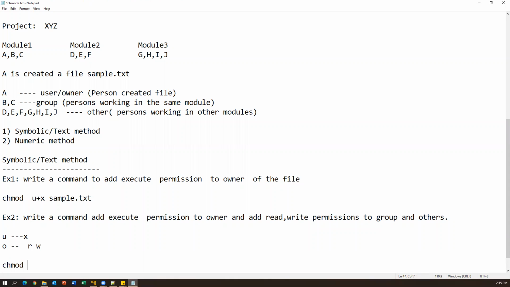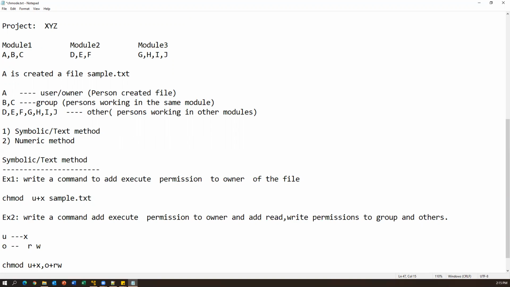So how we can write the command for this? chmod and user should have execute permission. So u+x, comma, others should have read and write permissions. Okay, so how we can write: o+rw, or w we can specify.